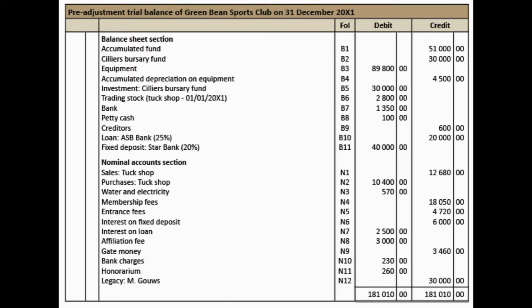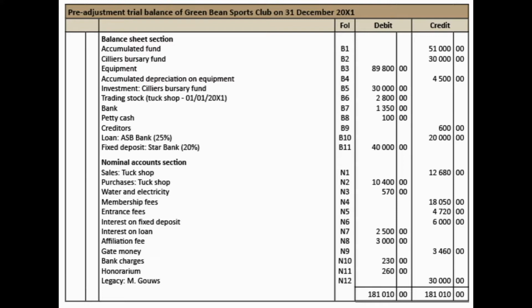Okay, so now what we need to do is to take out the 1/3 of that amount, and we're going to capitalize that. 1/3 of 30,000 is 10,000. So do the double entry on your piece of paper. Legacy MGOs has a credit balance of 30,000.